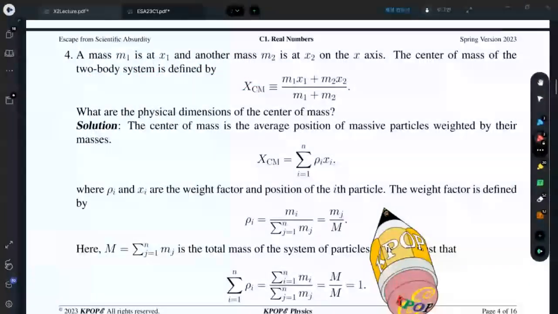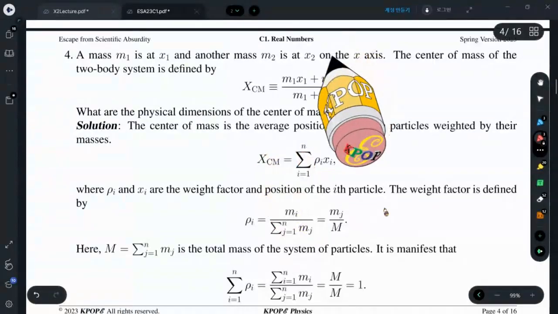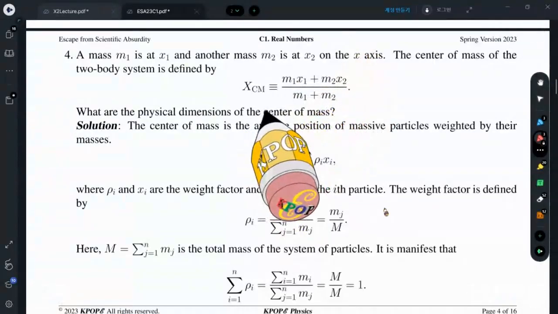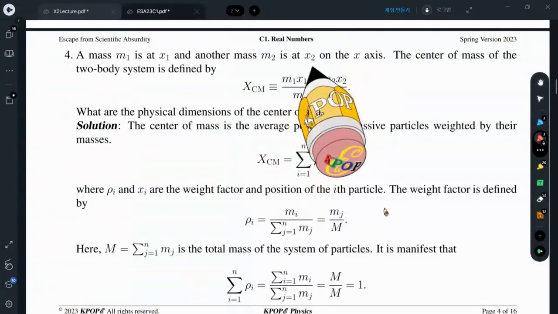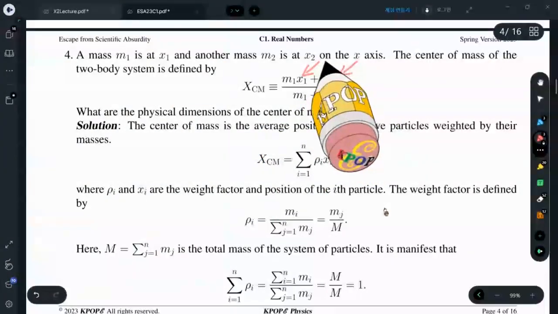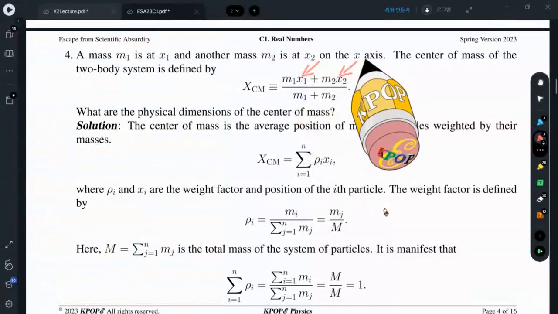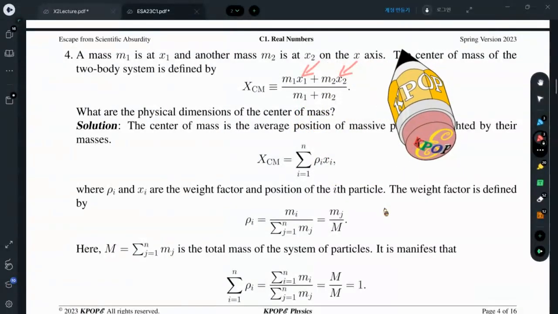Let's see. This is the center of mass of the two-body system. Center of mass is not a difficult concept. Just forget about the center of mass for a moment: you can expect this one is your record of English, your record of mathematics, or anything else.